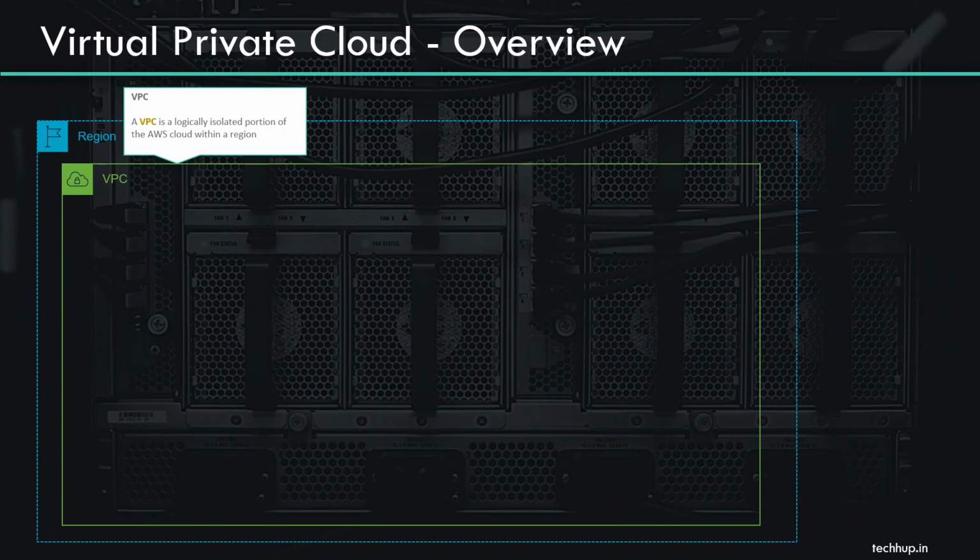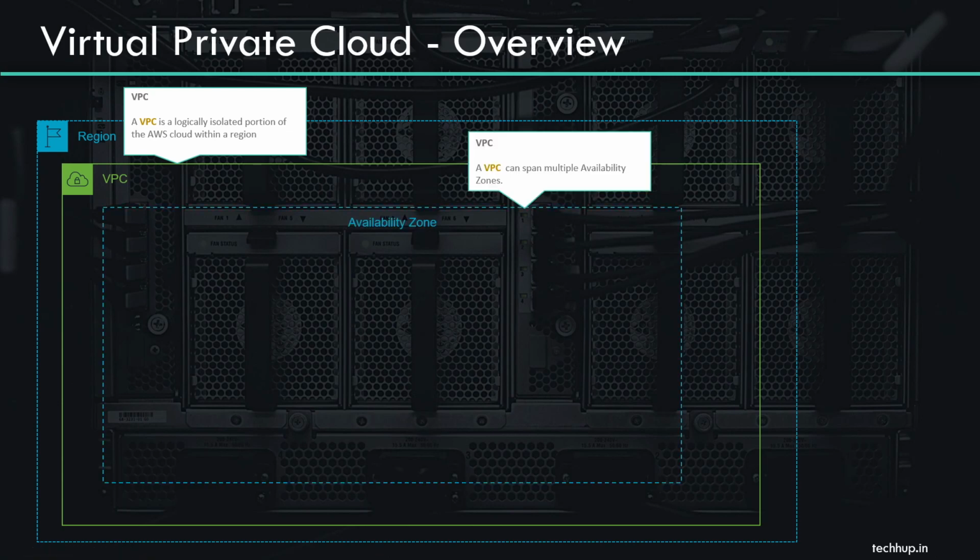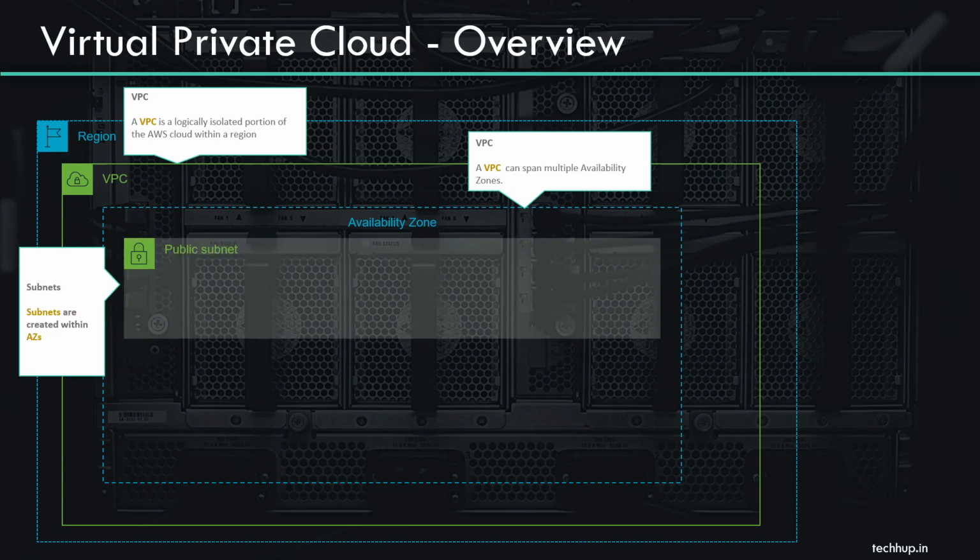VPC is a service that lets you launch AWS resources in a logically isolated virtual network that you define. It can span multiple availability zones. As one of the AWS foundational services, Amazon VPC makes it easy to customize your VPC network configuration. You can create subnets to manage the resource isolation for the resources you create within your VPC.